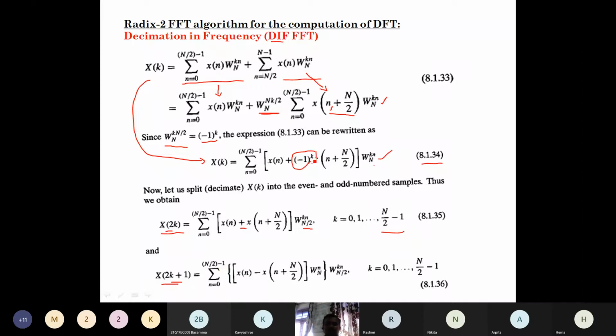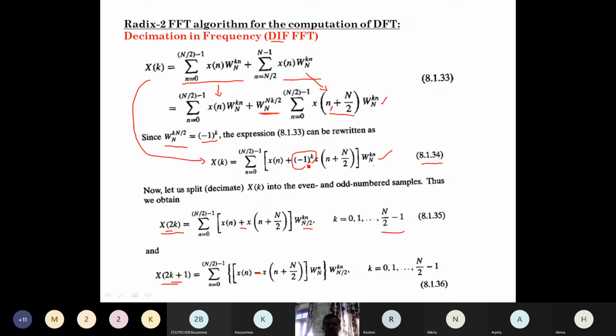So for all odd values of k, what are you going to get? Minus 1 to the power k. If k values are only odd values, then the product becomes minus 1. Therefore, we are replacing this plus symbol by minus.